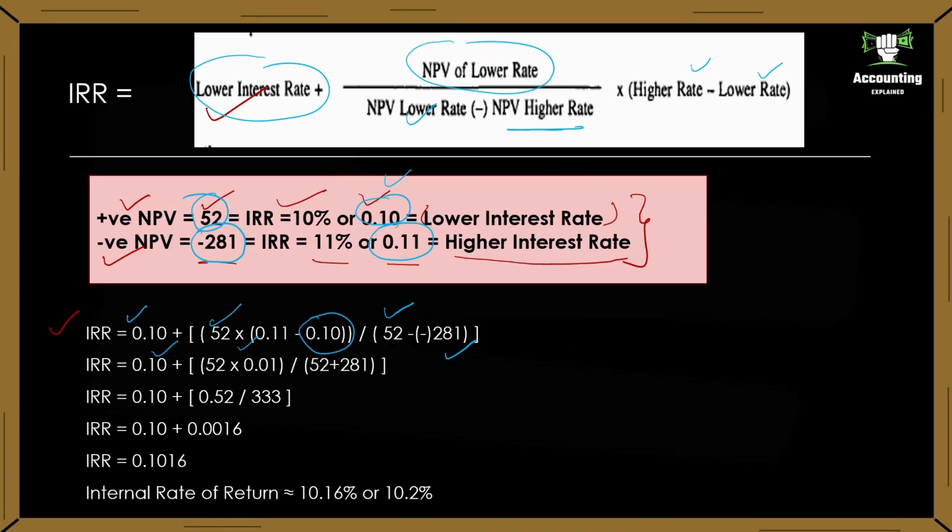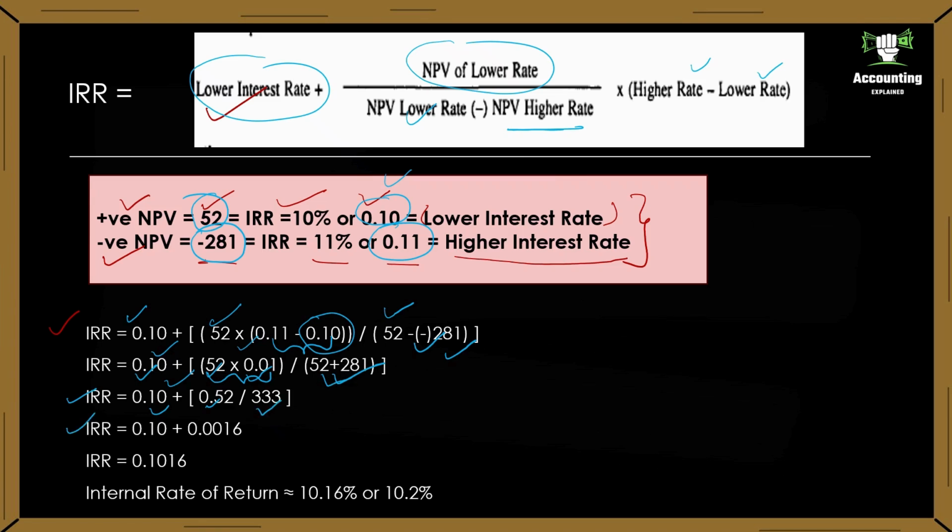Okay. So the next step is 0.1 plus 52 into 0.11 minus 0.10, which is 0.01, divided by 52 minus of minus 281, which becomes 52 plus 281. Next, IRR is equal to 0.1 plus 52 into 0.01, which is 0.52, divided by 52 plus 281, which is 333.